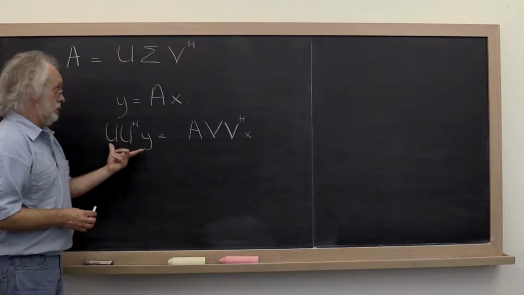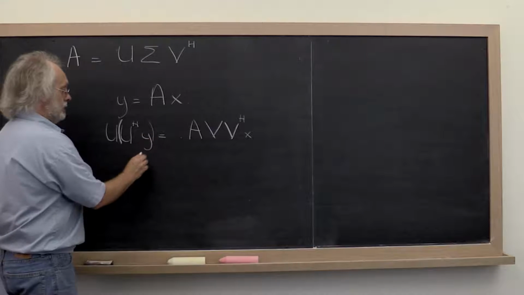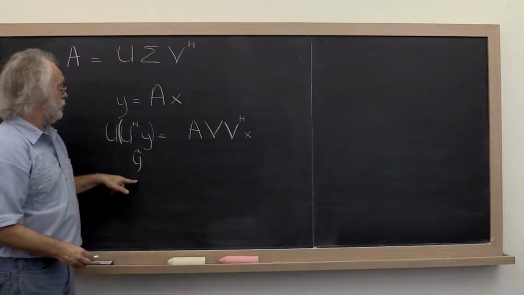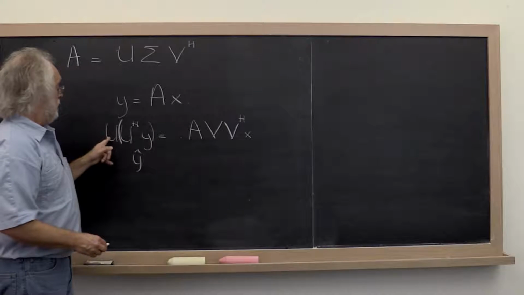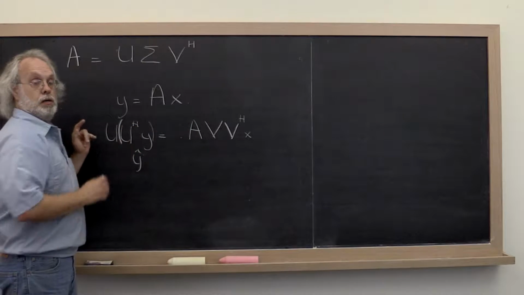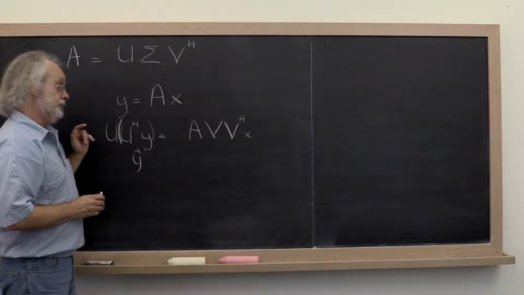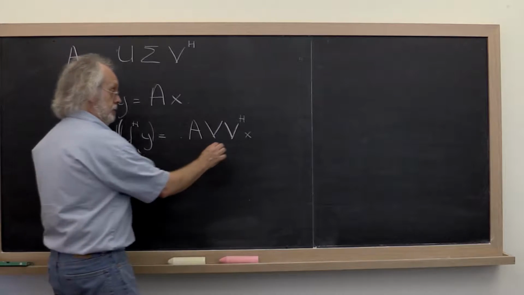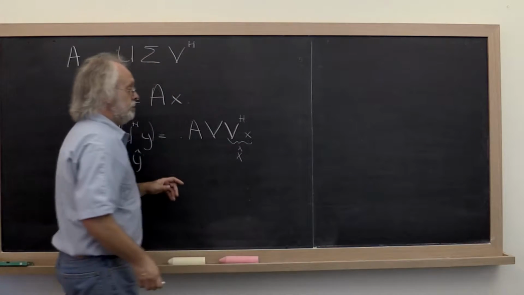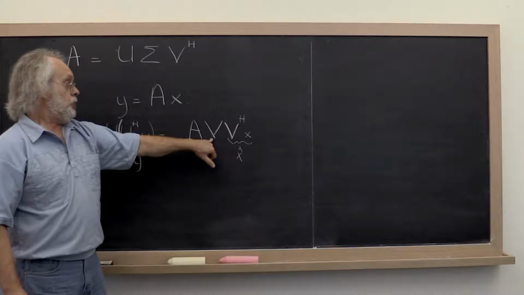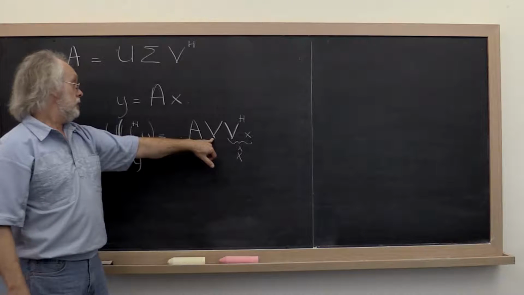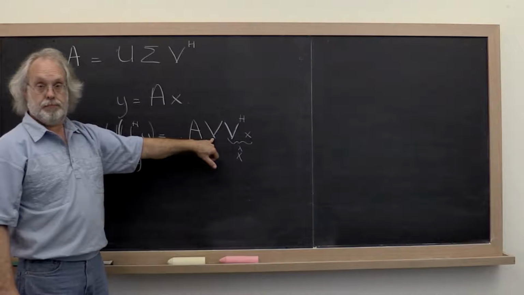Now, we saw that this vector right here, let's call it y hat, is just the vector of coefficients when you view vector y in the orthonormal basis, that is the columns of U. Similarly, this right here is just the vector x, except when viewed in the basis that constitute the columns of V. Right?